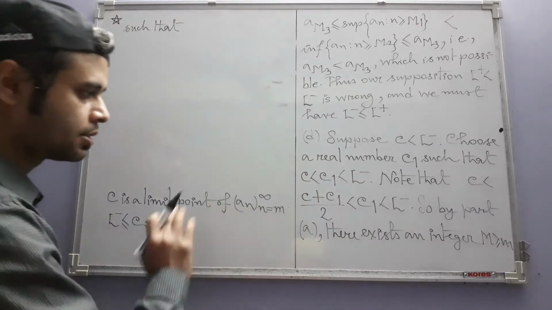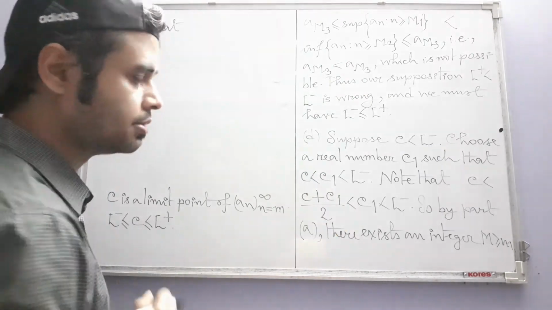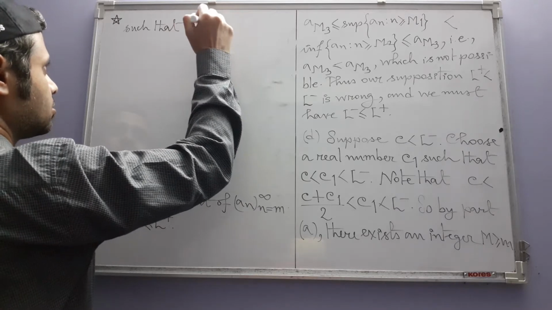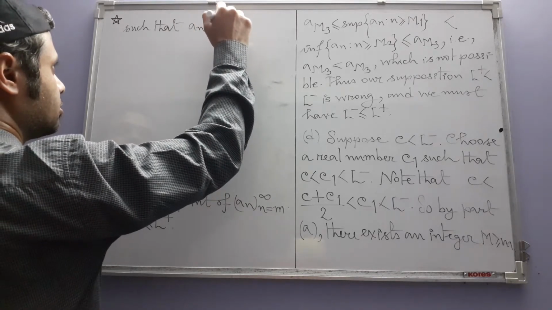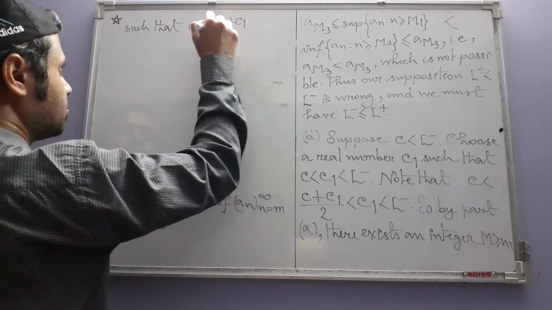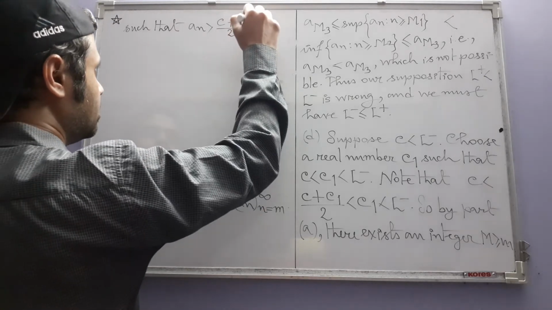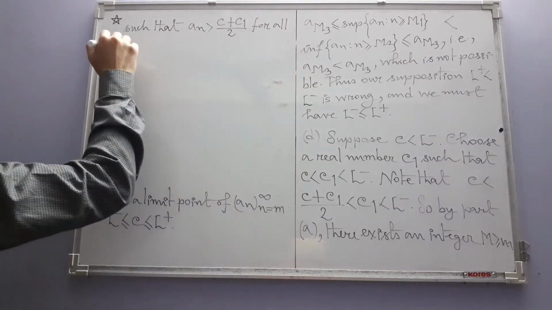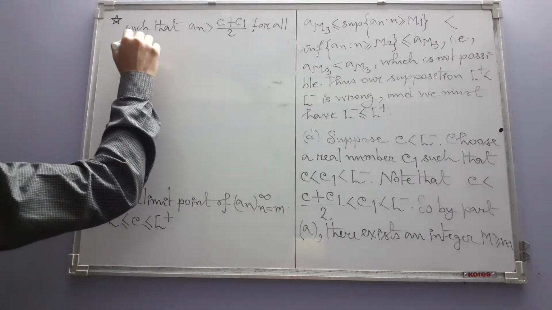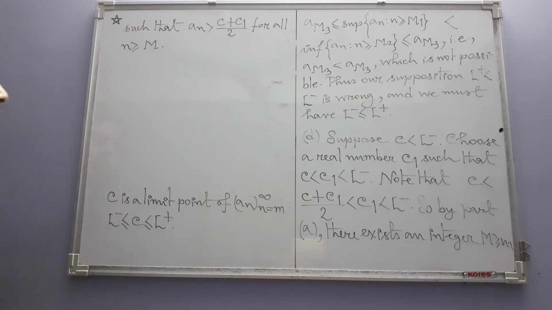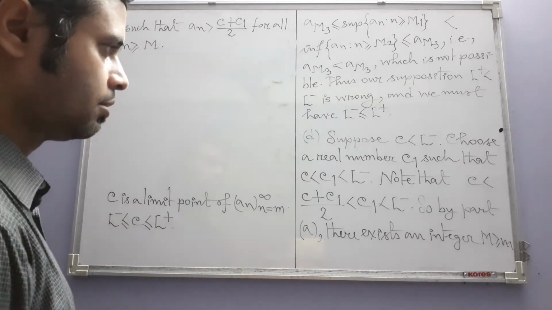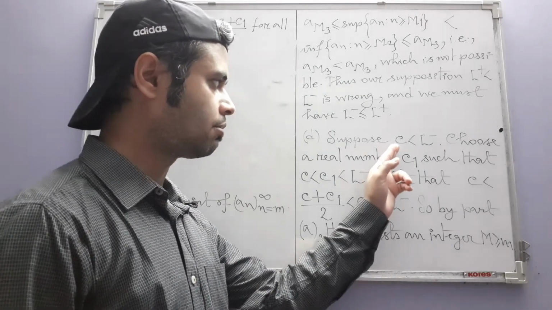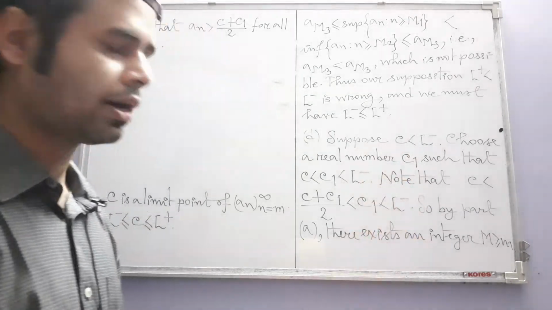That is, the sequence eventually exceeds this, such that a_n is strictly greater than (C plus C1) divided by 2 for all n greater than or equal to n. Okay, so in concluding this, we have only used our supposition and part A.